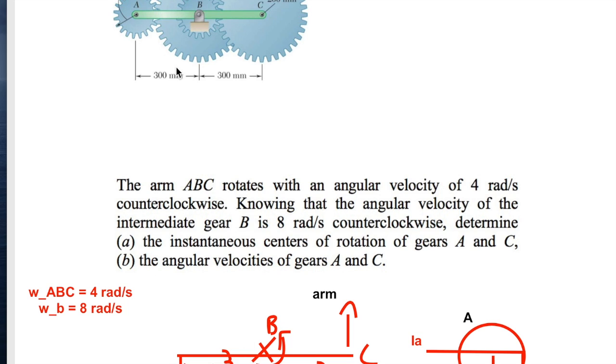And with that, we're able to find the velocity at both A and C here. Just a pretty simple distance times the velocity. So this 0.3 arm times the 4 for the angular velocity, 1.2 meters per second down here at A. And C is the same 1.2 meters per second going up.